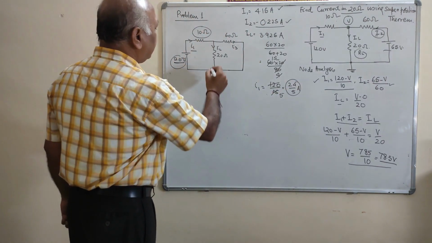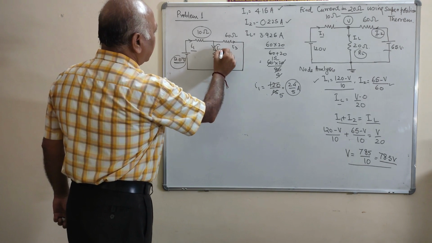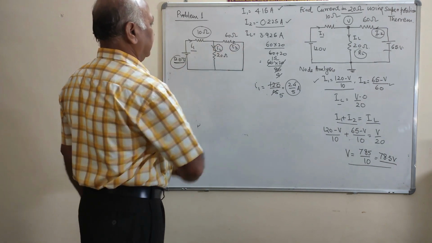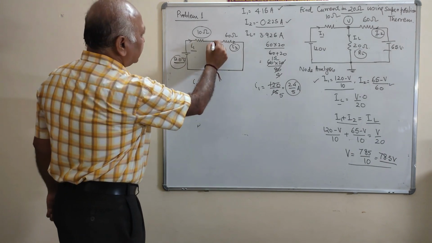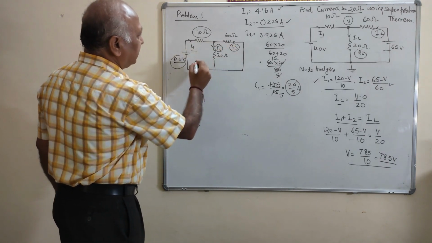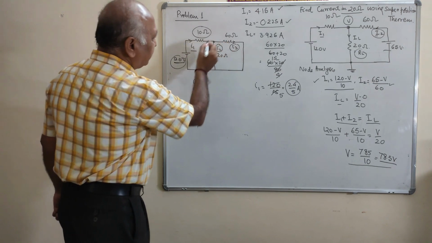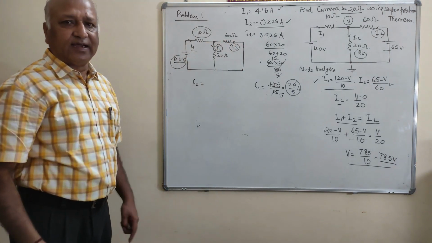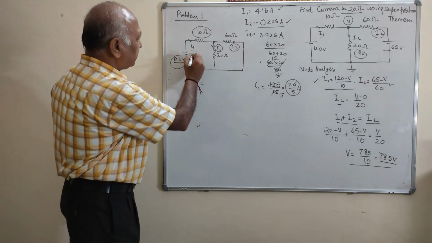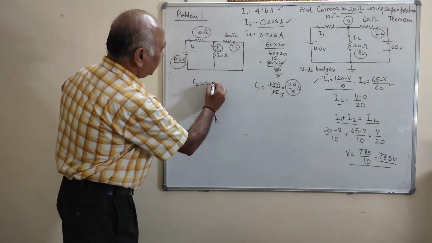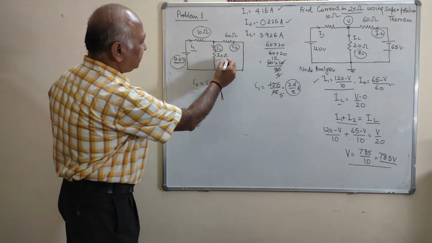Clear? Now we have to find the values of I2 and I3. Clear? What is the value of I2? Here the current is dividing into two parts, so here we will apply the current division rule. Clear? Then what is I2? Total current I1 into the resistance of the other branch.